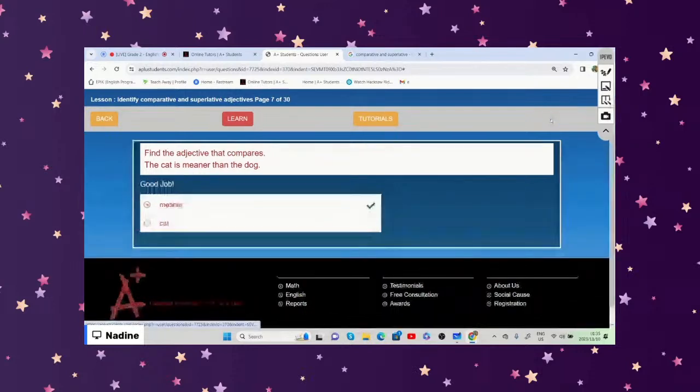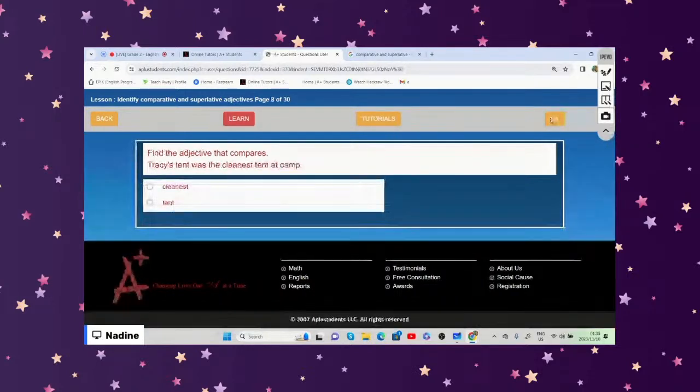And meaner is correct. Tracy's tent was the cleanest tent at camp. If we select the adjective that compares, we will say cleanest.